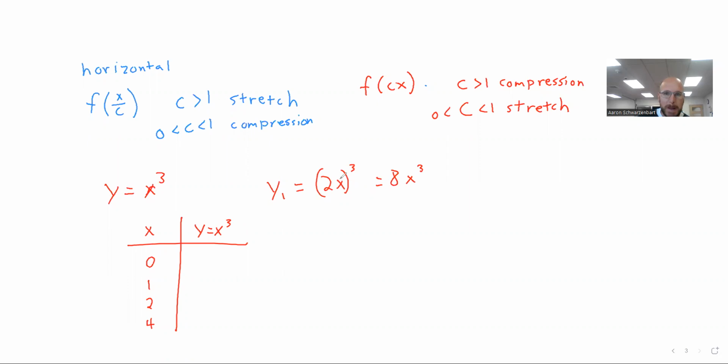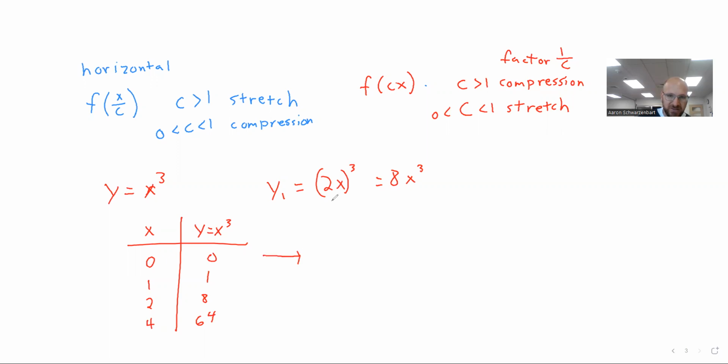And then my factor here is 1 over c, which is why the book writes it as x over c, but I think it's more confusing to think of it that way. Okay. So here, x cubed: 0, 1, 8, 4 cubed is 64.